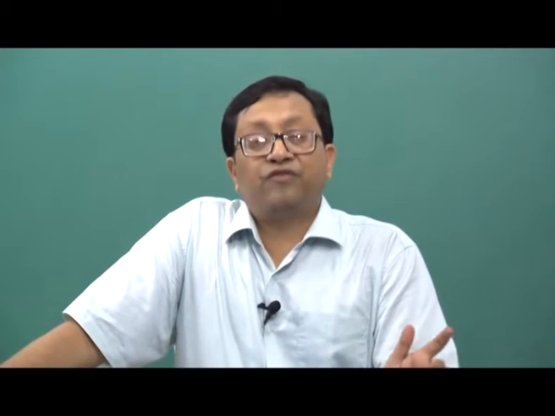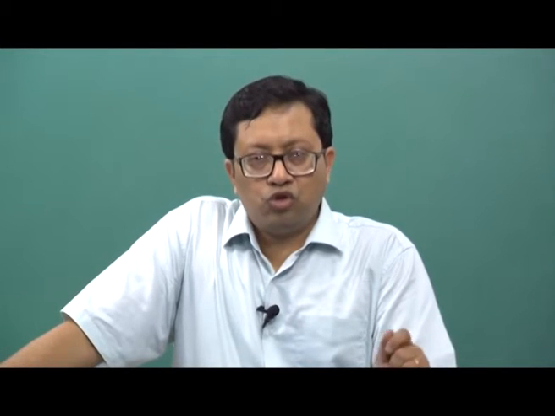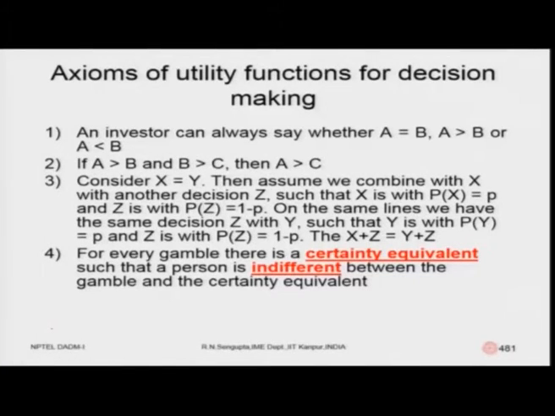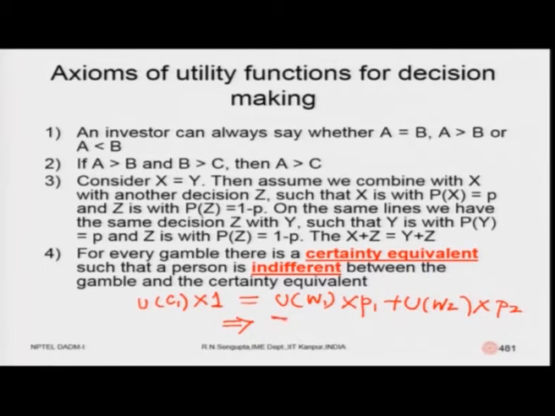So, consider the fair gamble has a certainty value of C1. U of C1 into 1, because the probability is 1, will be exactly equal to U of W1 multiplied by P1 plus U of W2 multiplied by P2, such that the summation of Pi, i equal to 1 to 2, is equal to 1.